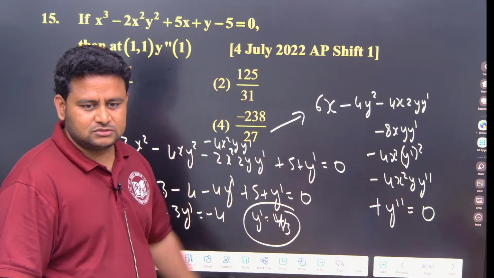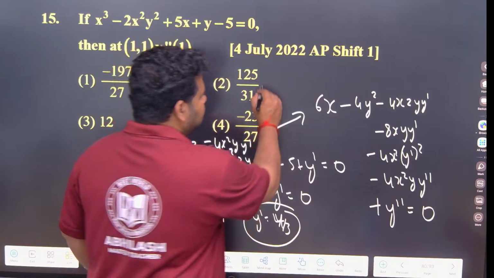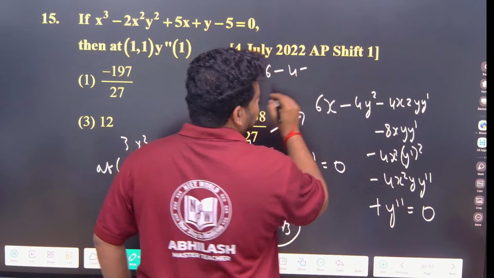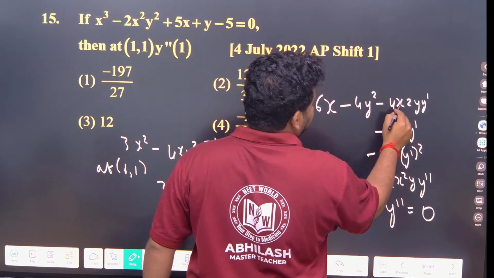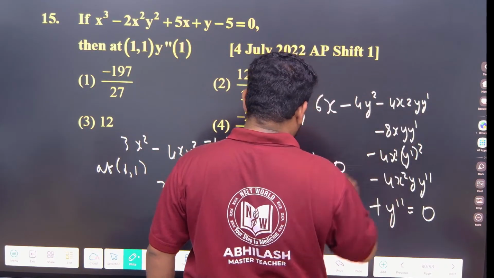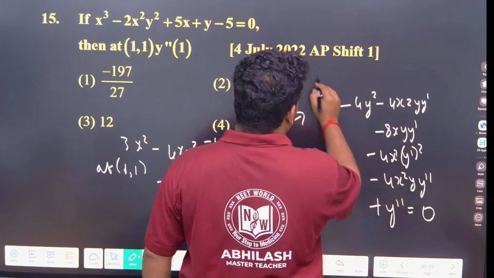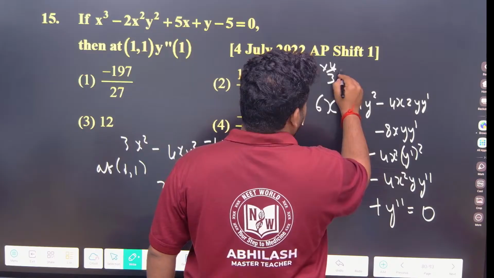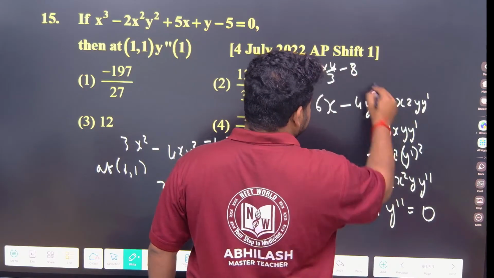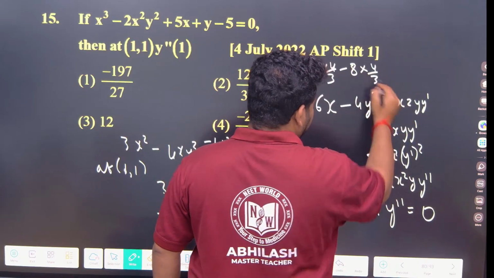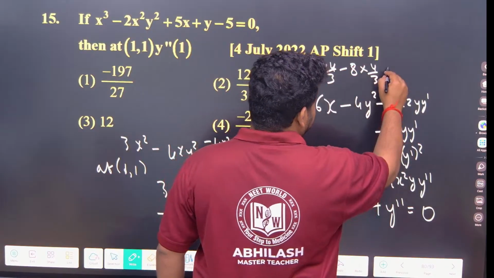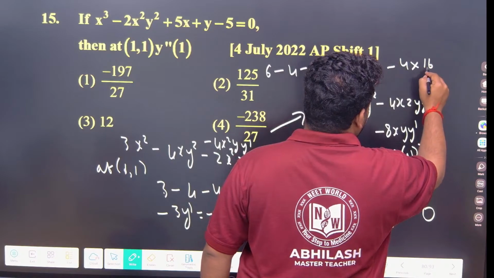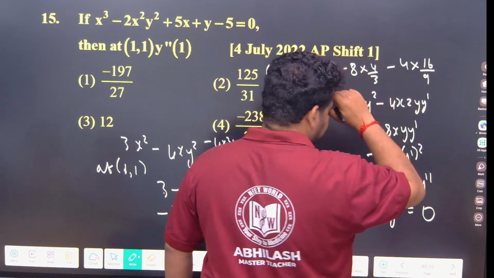Now put the values. So 6 into 1, this will be 6, minus 4 into 1, y dash is 4 by 3, so 4 into 4 by 3, minus 8 into y dash, 4 by 3, minus 4 into 4 by 3 whole square, that is 16 by 9.